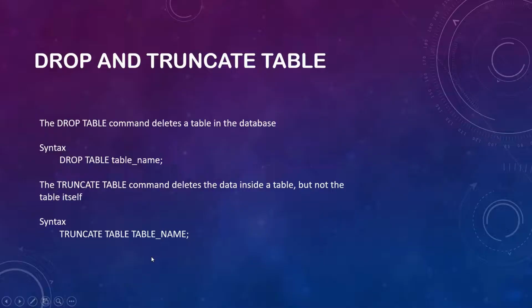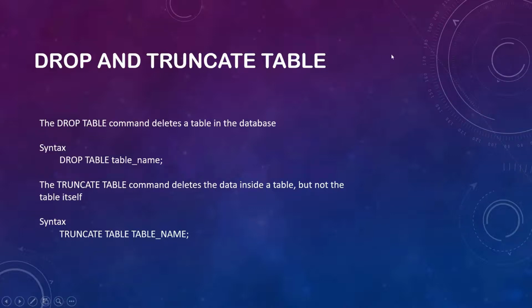So if you want to add fresh new data, you can use the truncate table command. This is the only difference between drop table and truncate table. With drop, the whole table gets deleted. With truncate, only the data gets deleted.